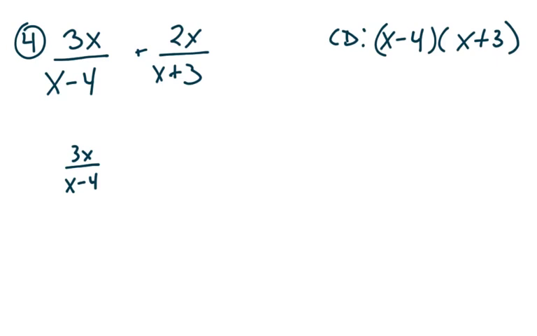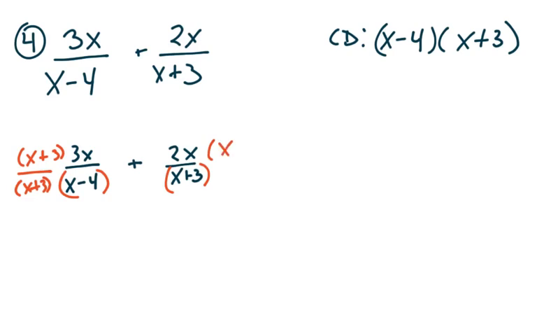I'm going to multiply each fraction by the denominator factor that it's missing. So the first fraction is missing the x plus 3. I'll just put parentheses around any of the binomials. The second fraction is missing an x minus 4.